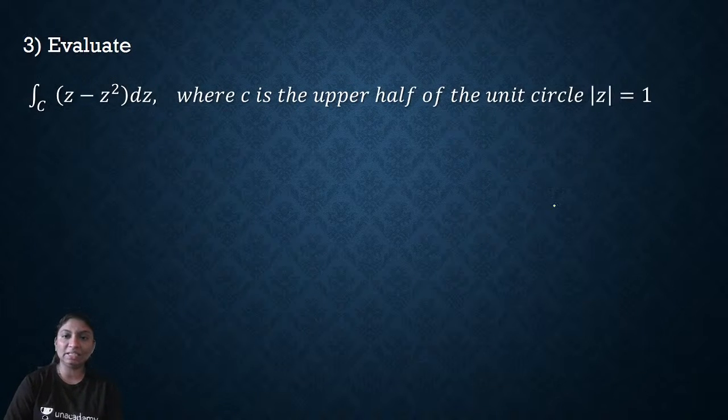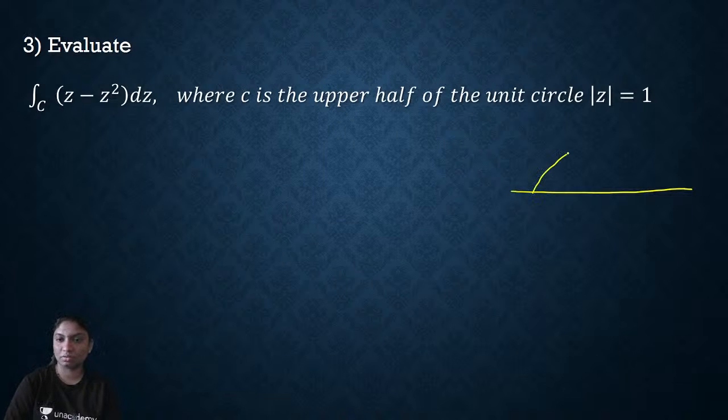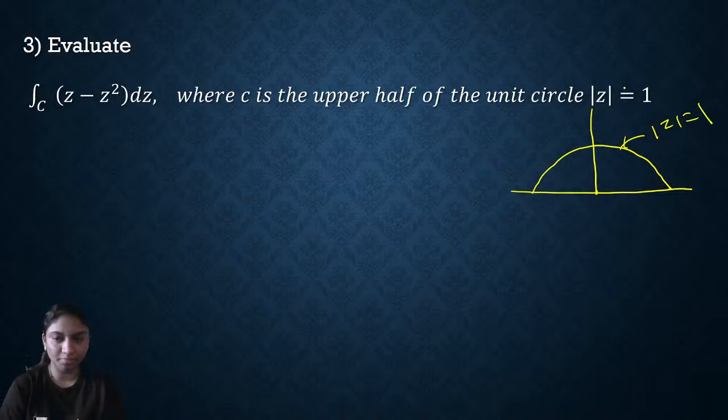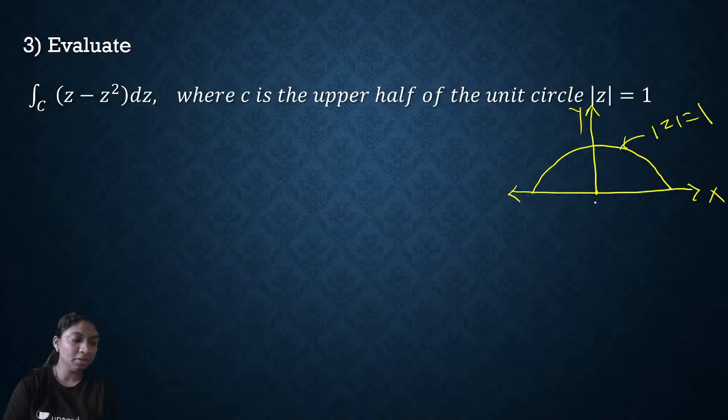See here, C is the upper half of the circle. Suppose this is your upper half of the circle, right? So this is our |z| = 1, where the upper half of the circle here is x, y, okay. Now this is your closed Cauchy.